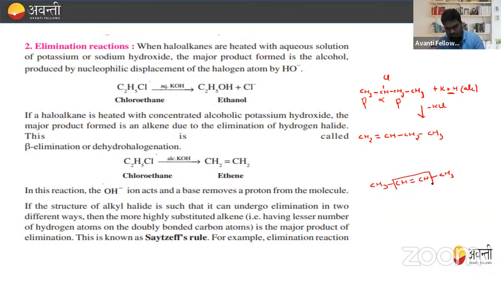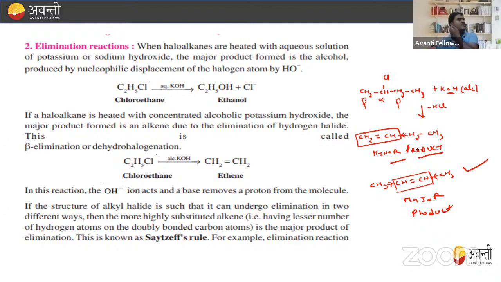Here we have two donor groups on the alkene; here we have only one. So which one is more stable? Obviously this one. So this is the major product, and the other is the minor product.